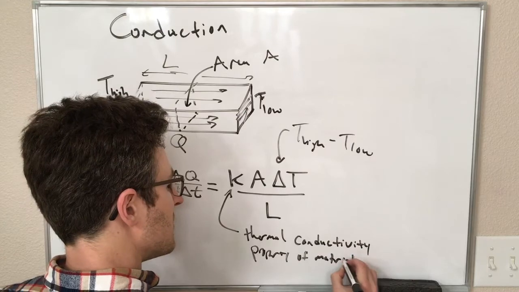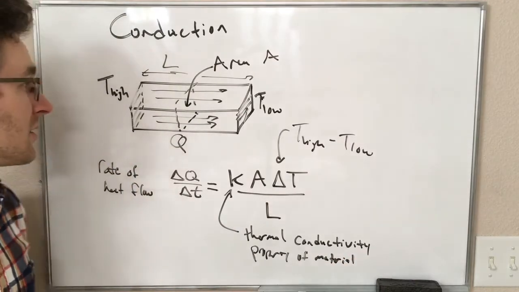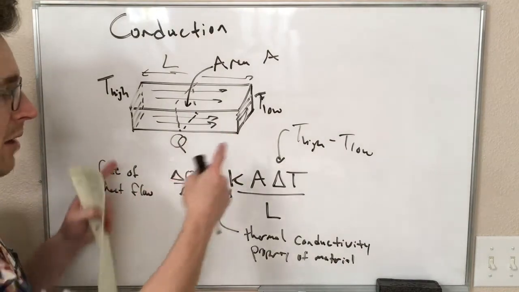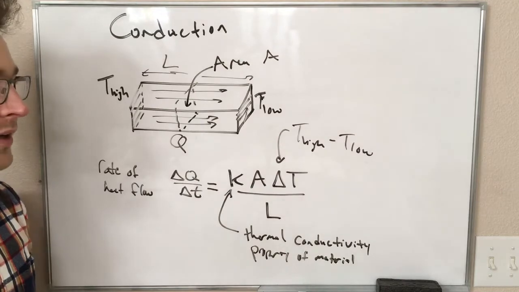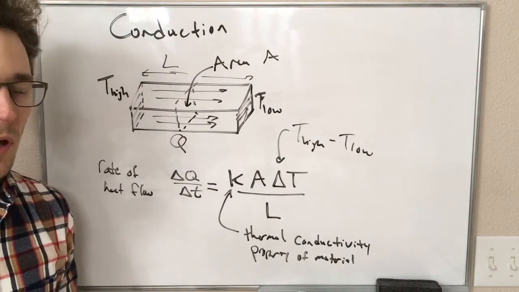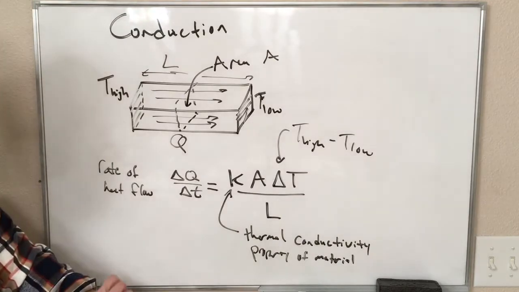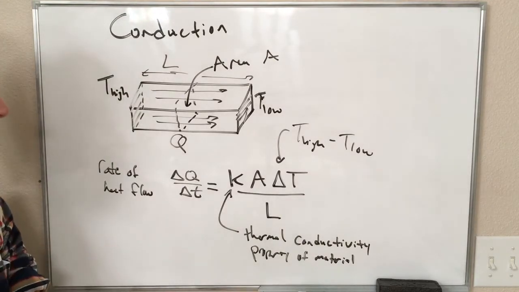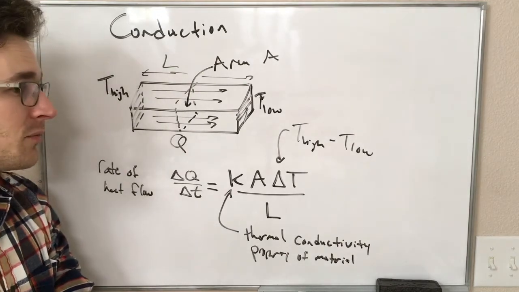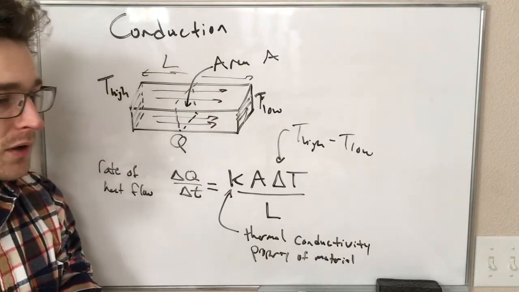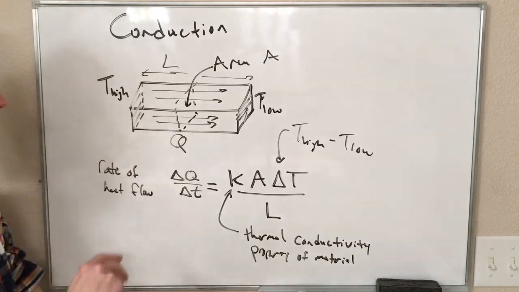Some materials are very, very good at conducting heat, so for a particular size object and a particular temperature difference, a large amount of heat will flow. This would be things like diamond or copper or sapphire. Those are things with high thermal conductivities. There are also things with low thermal conductivities like styrofoam or wool towels or something.